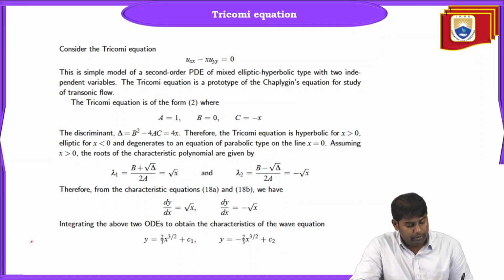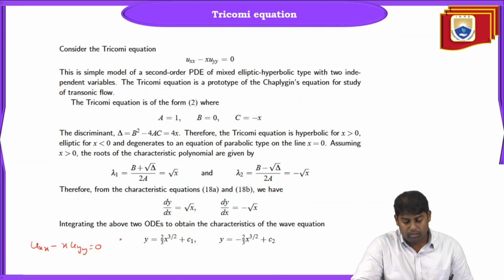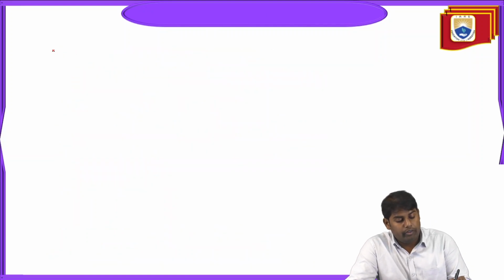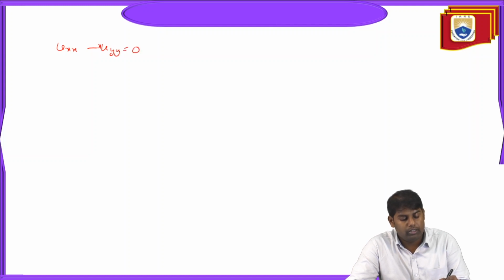Here you can see u of xx minus x times u of yy is equal to 0. Let us do it in the rough sheet here. So we have u of xx minus x into u of yy is equal to 0.